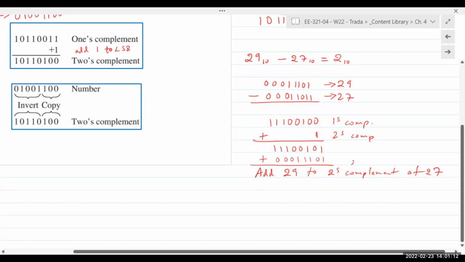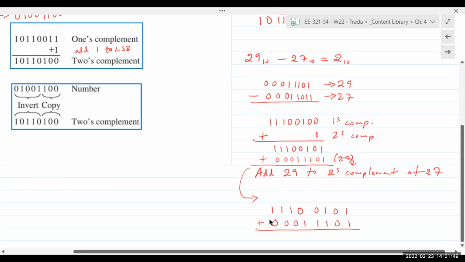That is what we are doing. Actually, I made a hash of it. Let me write this on the side: 1, 1, 1, 0, 0, 1, 0, 1 plus 0, 0, 0, 1, 1, 1, 0, 1.